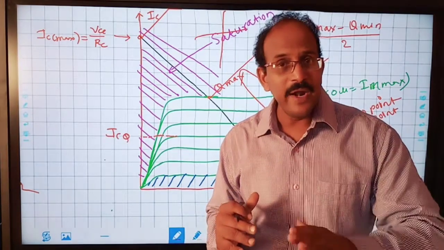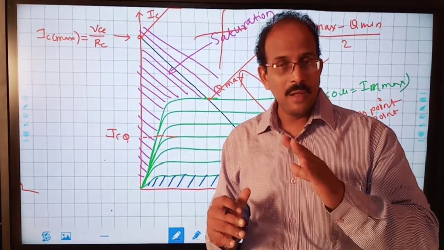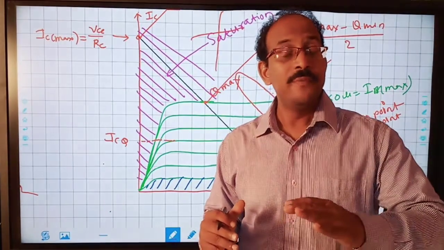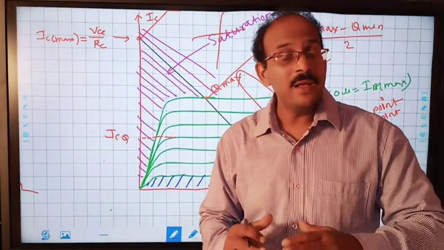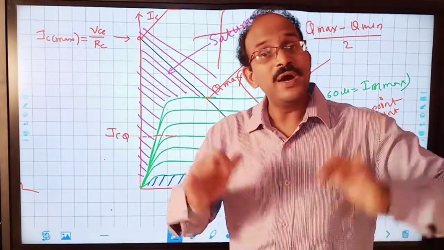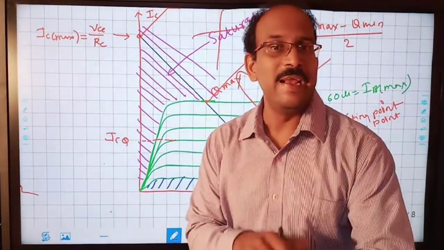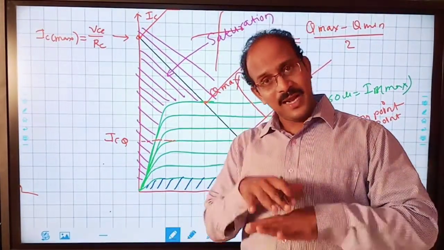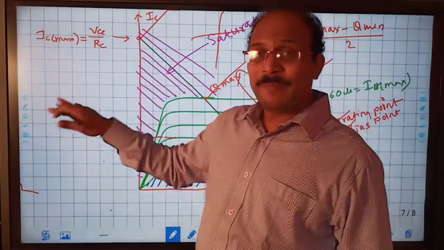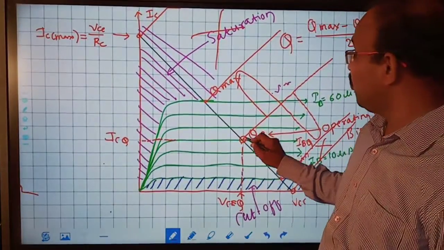How is the operating condition determined? It is always found without input, without taking the lecture. Before taking the lecture, I should find the operating point. So before applying input to the transistor, this should be the operating point.